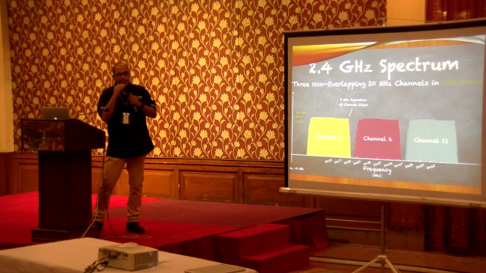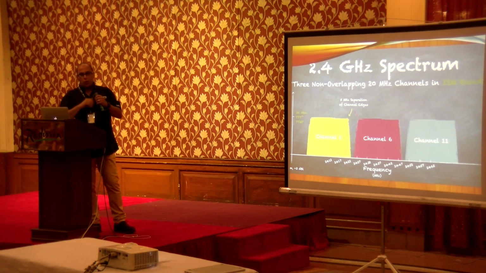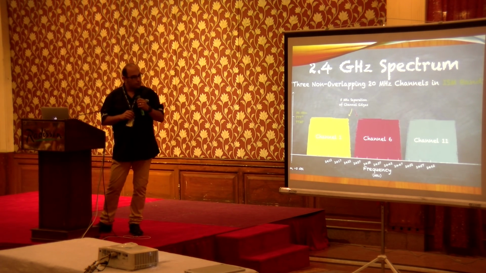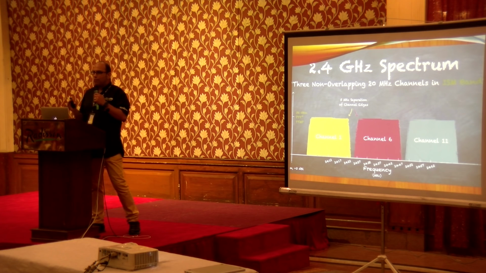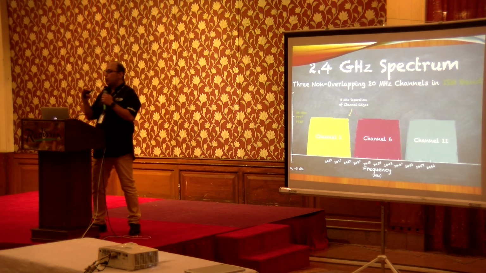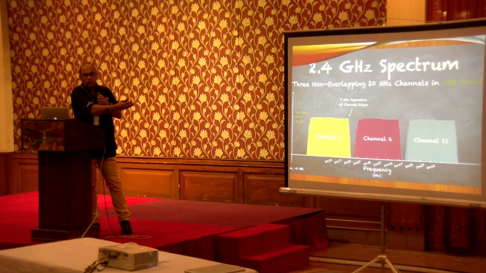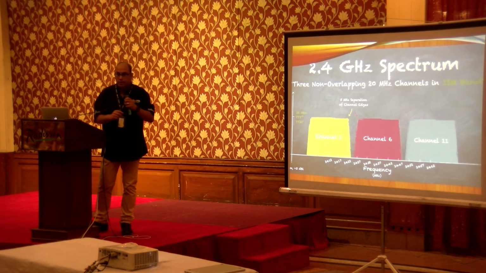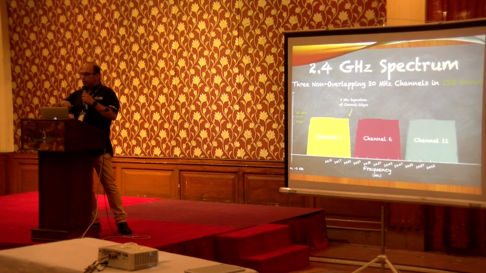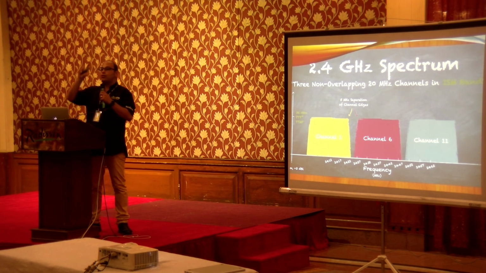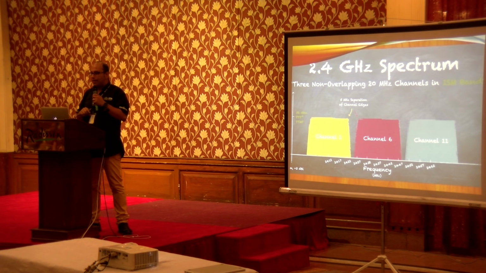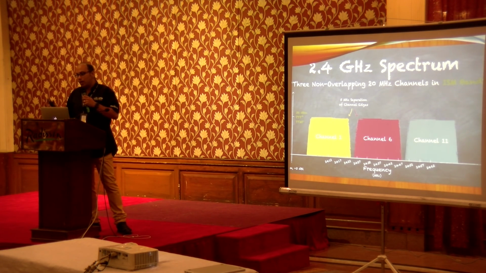But let's focus on 2.4 for a second. The standard 2.4 range is not really big. It consists of 11 channels. Because of this, in the same environment, you can have only 3 non-overlapping access points. Wireless is really environmental.